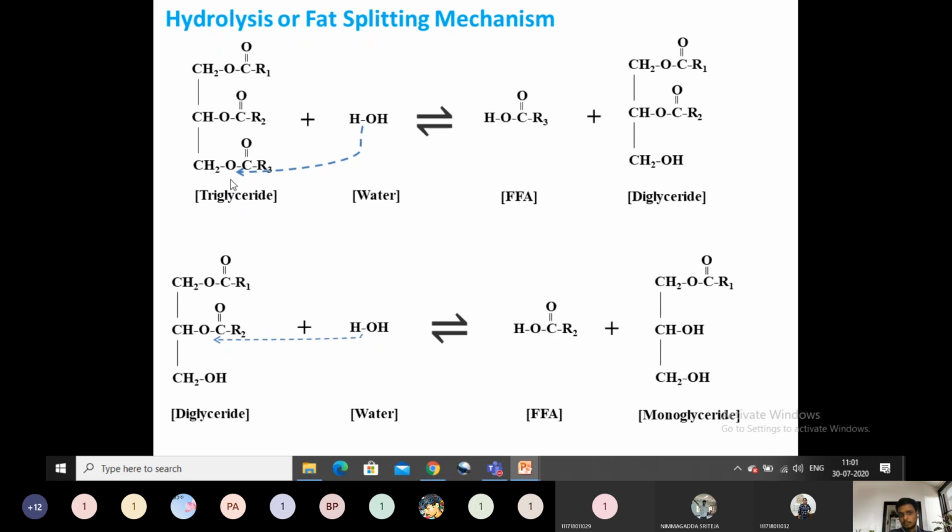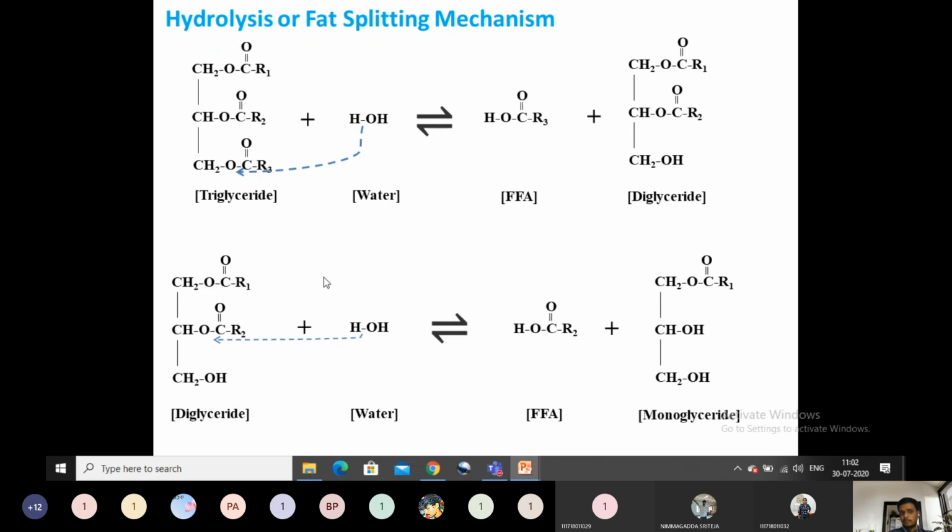This H, this proton, will attach to this one, then it will form a diglyceride. Along with this, one fatty acid will be liberated out. You can see R3C double bond O, this one, and the H, a proton from the hydrogen, will be attached to this one, and OH will go to this one. So this is called a diglyceride molecule.